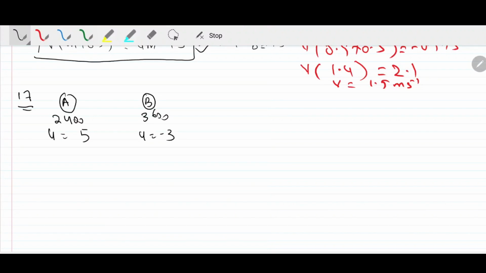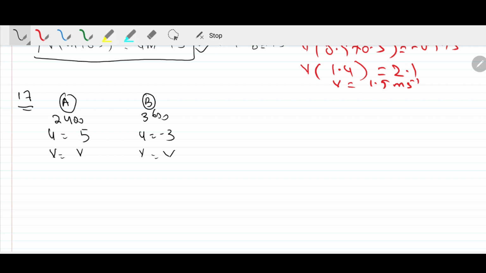Immediately after collision, the speeds of A and B are equal. The question says, given that the two wagons are moving in the same direction after collision, find their common speed. State which wagon has changed its direction of motion.